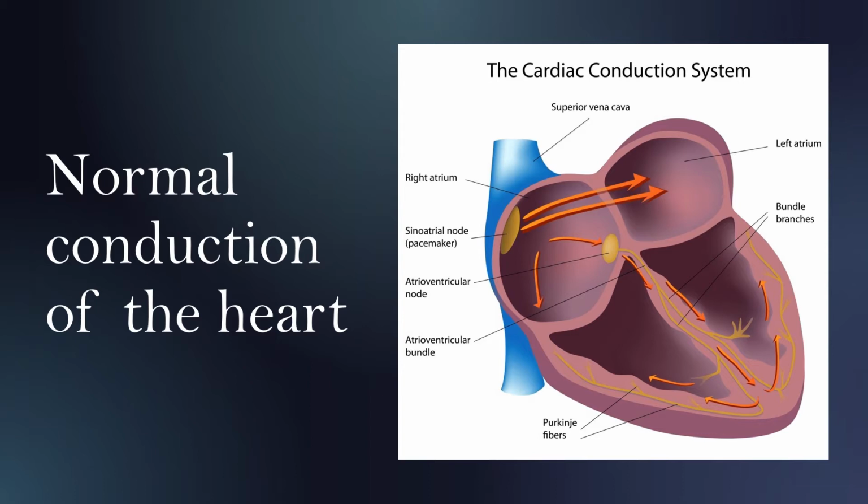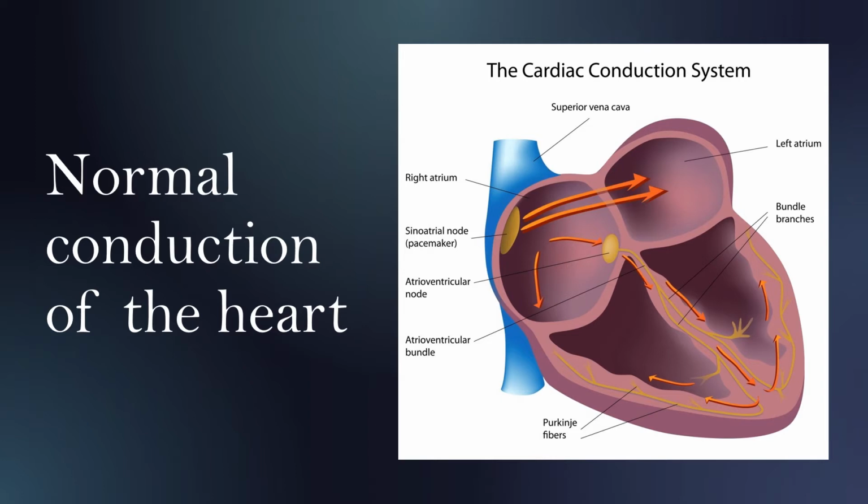The bundle of His and the Purkinje fibers produce between 20 to 40 action potentials per minute, considerably slower than the other two structures. So the fastest one, going back up here again, the SA node, is the one that's going to lead the conduction system. That's the one that's going to jumpstart it. It's going to kick it off.